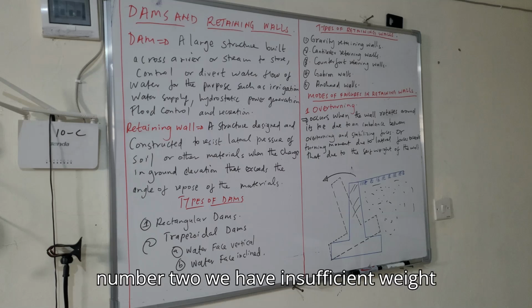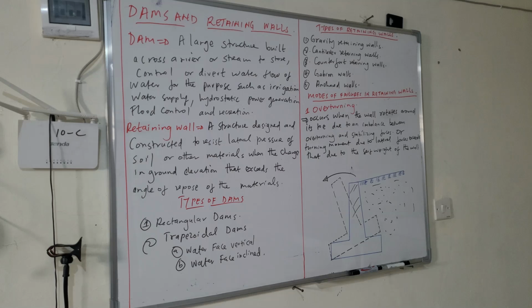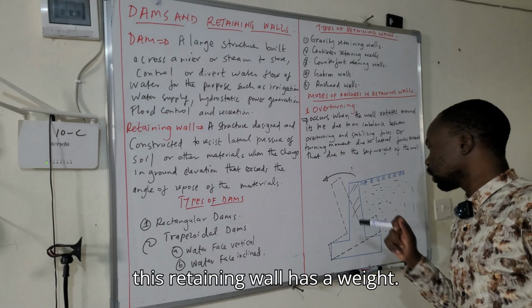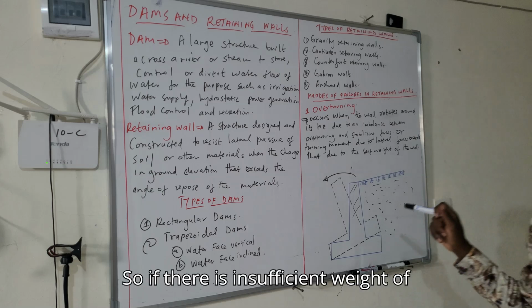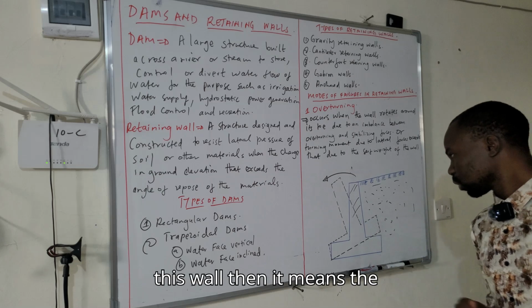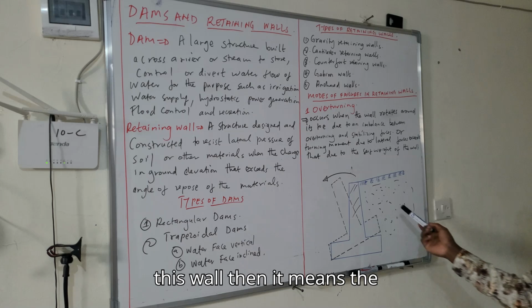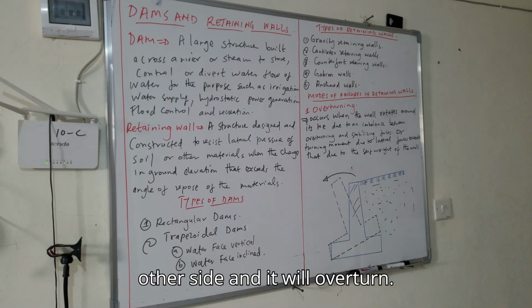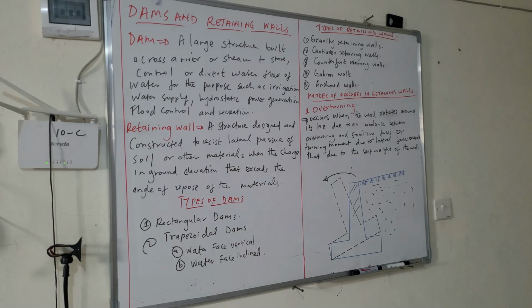Cause number two, we have insufficient weight. This retaining wall has a weight. If there is insufficient weight of this wall, then the soil will push this wall to the other side and it will overturn.